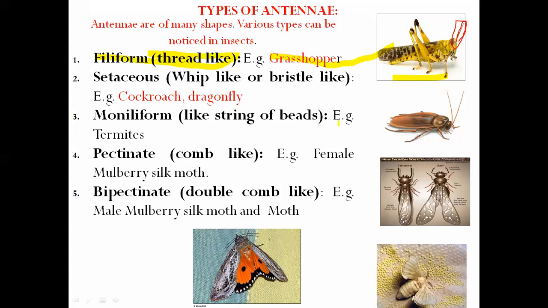So everyone knows about the thread, yes or no? Yes, sir.